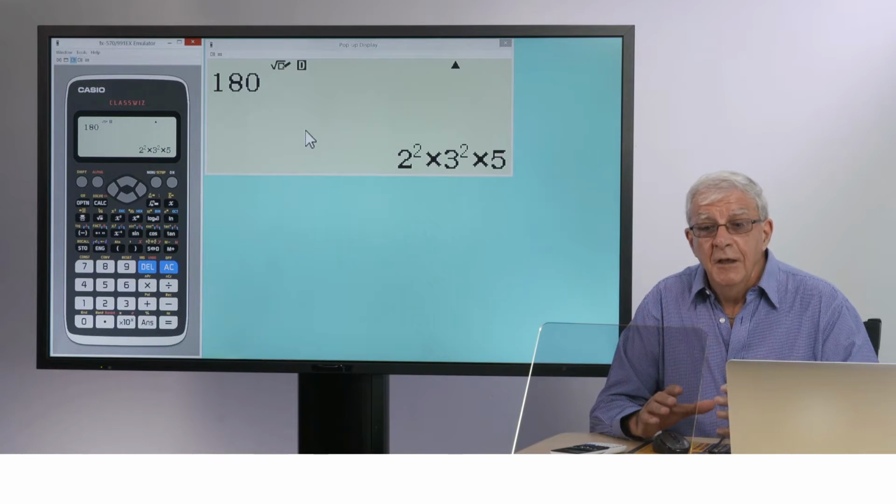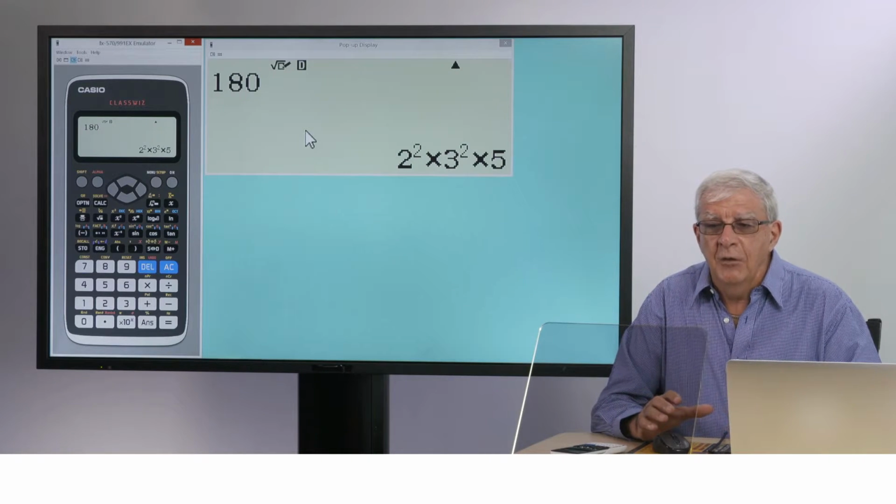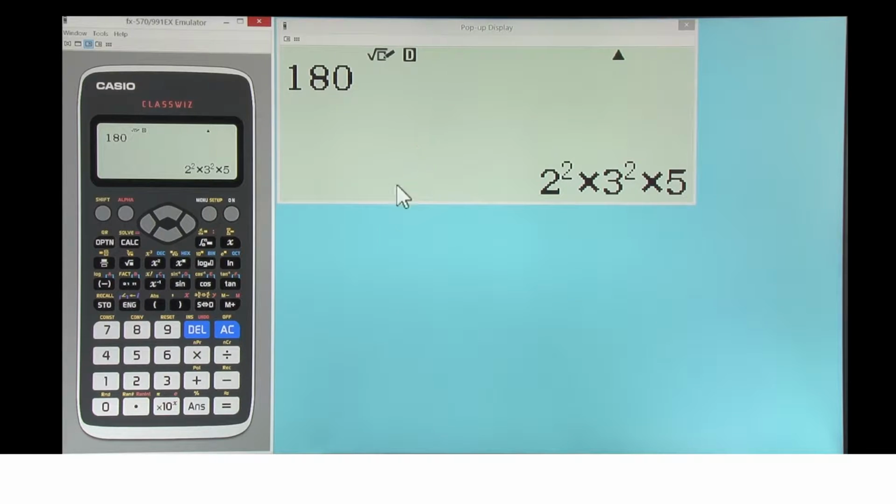But importantly, this allows students to see for themselves what happens when powers of the same base are multiplied. So for example, many students would expect that 11 to the power 5 multiplied by 11 to the power 3 would be 11 to the power 15, because they think things are being multiplied together.